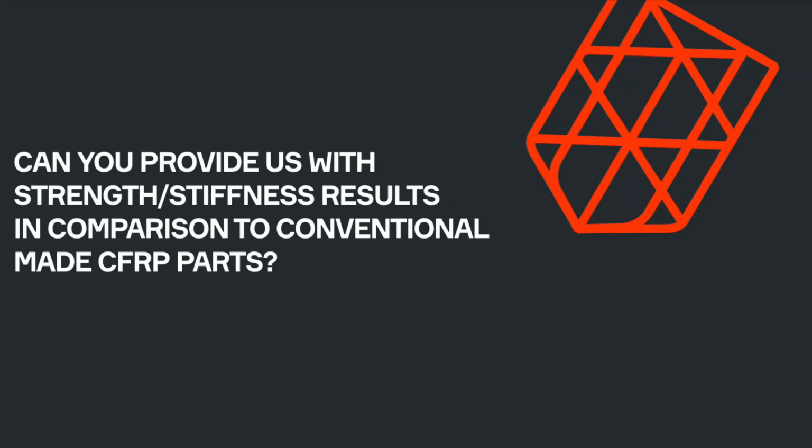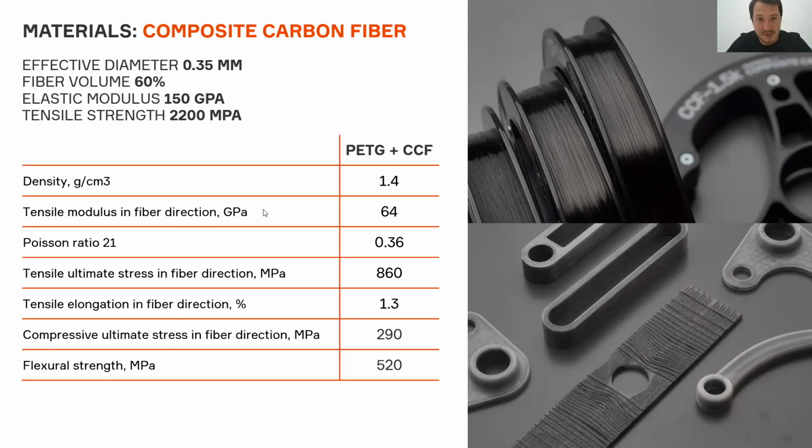Can you provide us with strength and stiffness results and compare it to conventionally made CFRP parts? Of course, you should be able to see it on the screen right now. The reinforcing fiber itself has a 60% fiber volume fraction, so the modulus and the strength are very high: 100 GPa elastic modulus and 2200 MPa tensile strength.